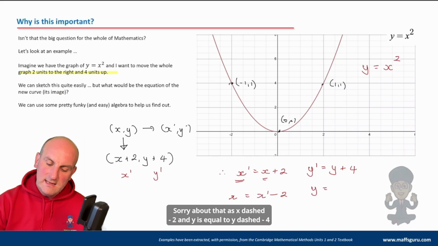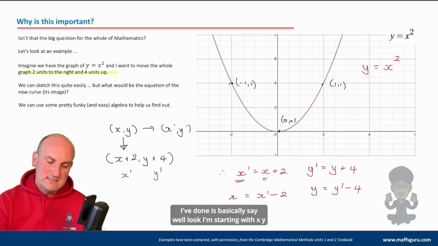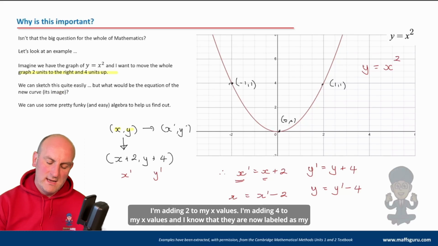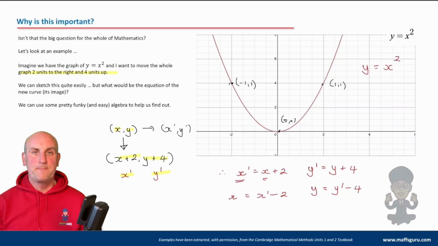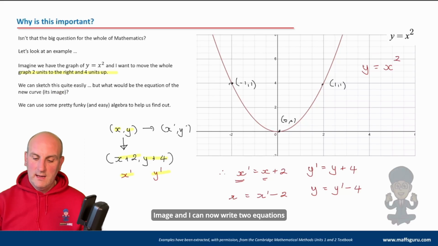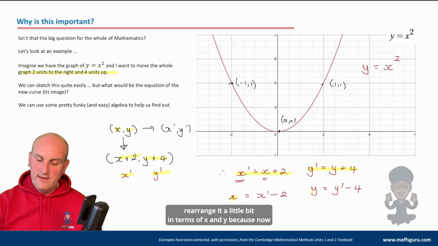And y is equal to y dashed minus 4. Happy with that so far? Just some basic algebra. All I've done is basically say, well, look, I'm starting with (x, y). I'm adding 2 to my x values. I'm adding 4 to my y values. And I know that they are now labeled as my image.